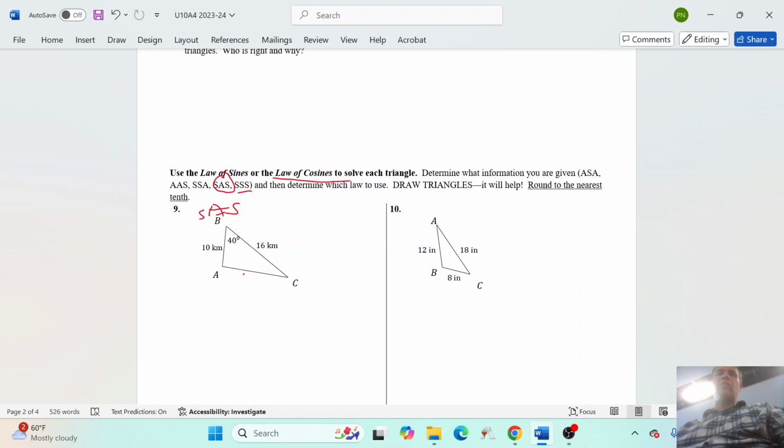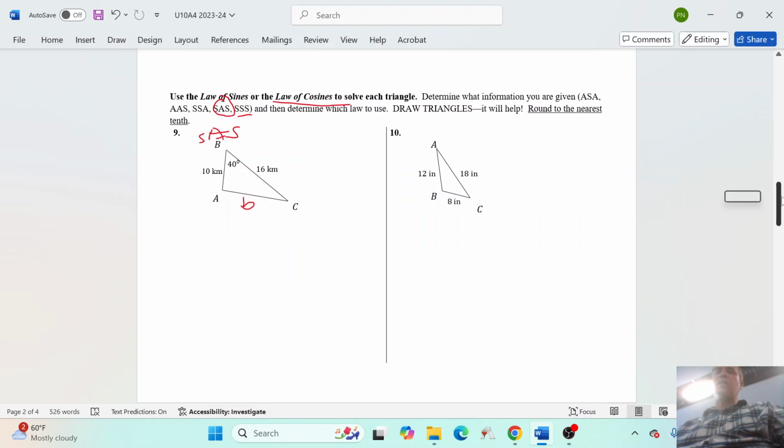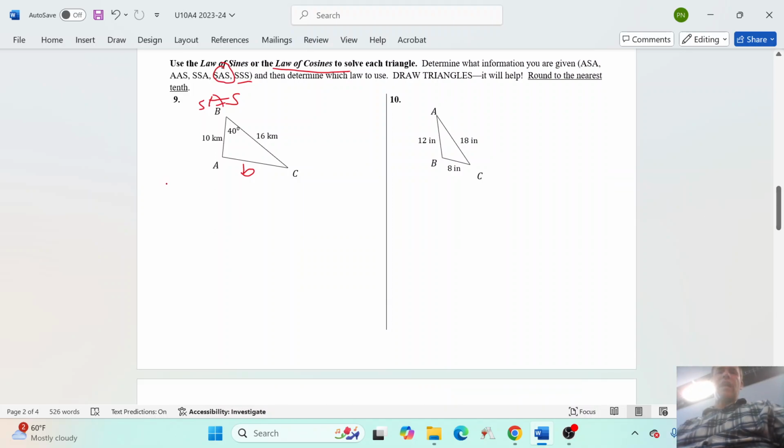We'll start off then with little b. So little b squared is equal to the other sides squared and added: 10 squared plus 16 squared, minus 2 times those two sides. That minus 2 is a special part of the formula.